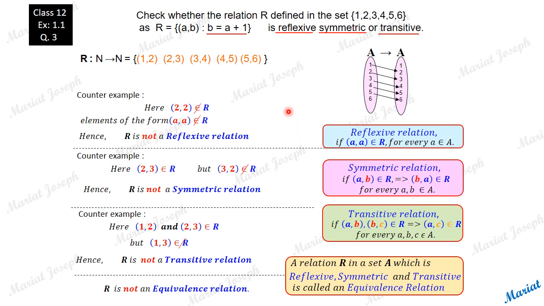Here, note one thing. These numerical examples go against the definition. Whenever we want to show one definition is not applicable for an example, we can highlight an example which is called a counter example.